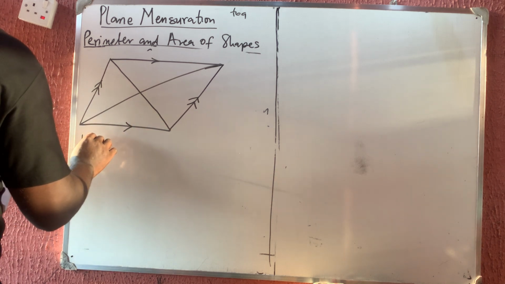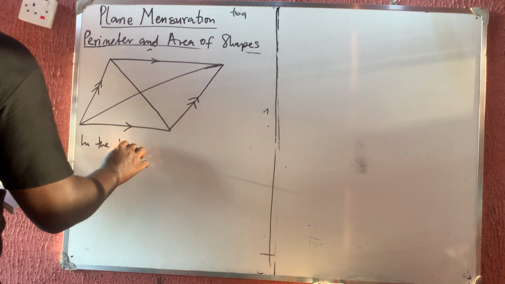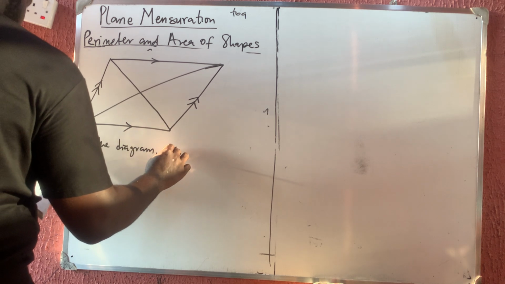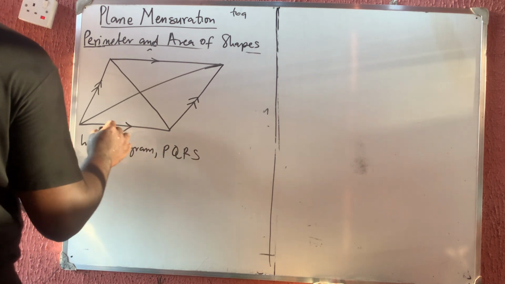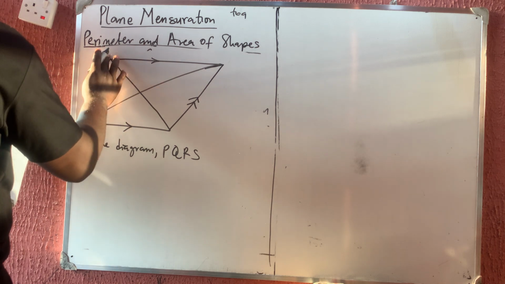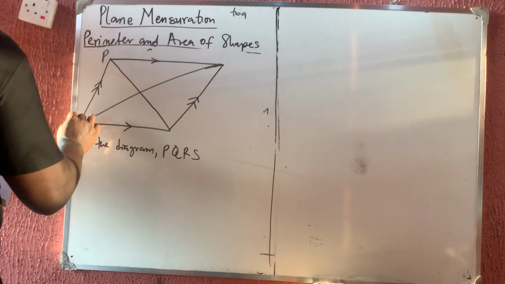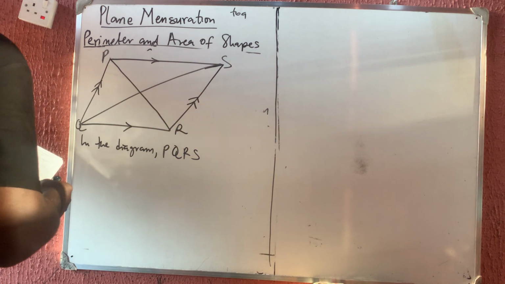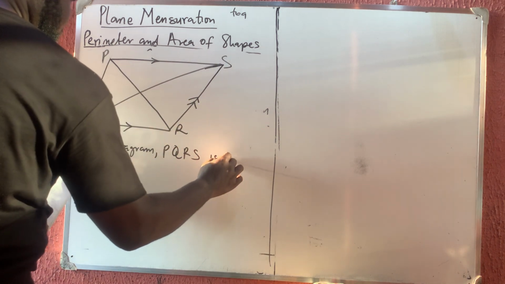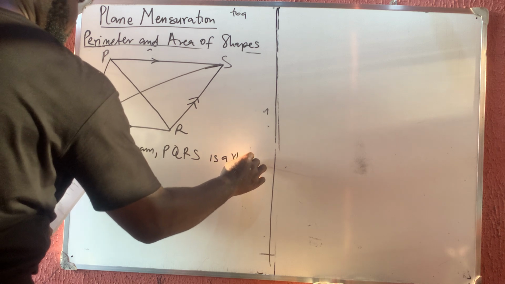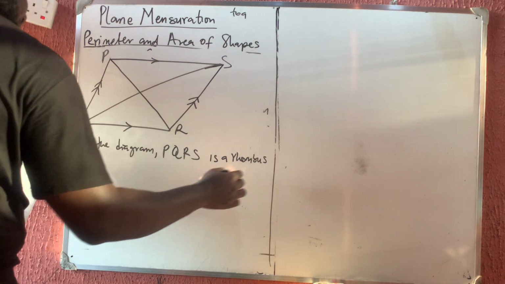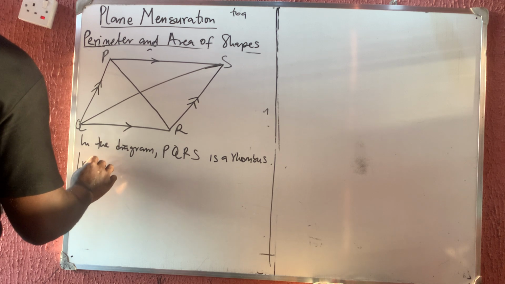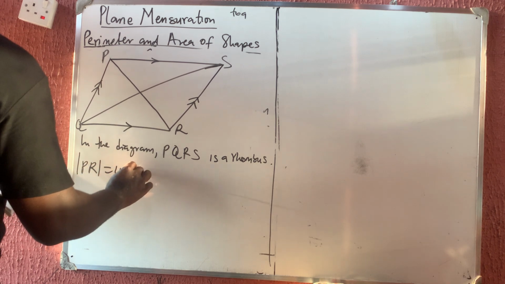They say that in the diagram, PQRS is a rhombus. Then they told us that line PR is equal to 10 cm.